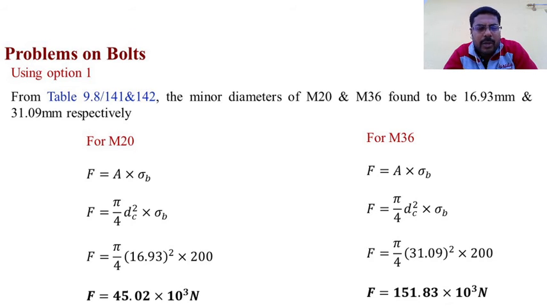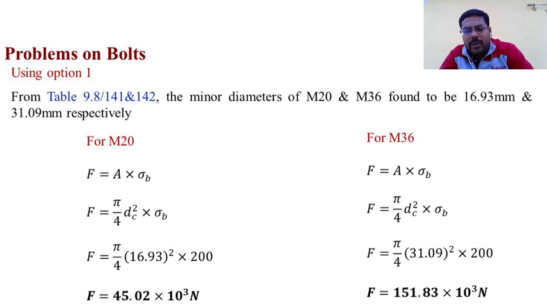For metric thread number 20, stress is equal to force by area, therefore F is equal to area into sigma. F is equal to pi by 4 DC square into sigma B. For M20, the DC value is 16.93 squared into 200. Therefore F is equal to 45.02 into 10 raised to power 3.